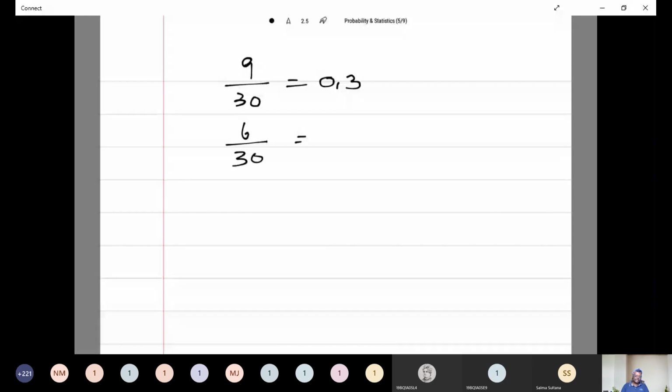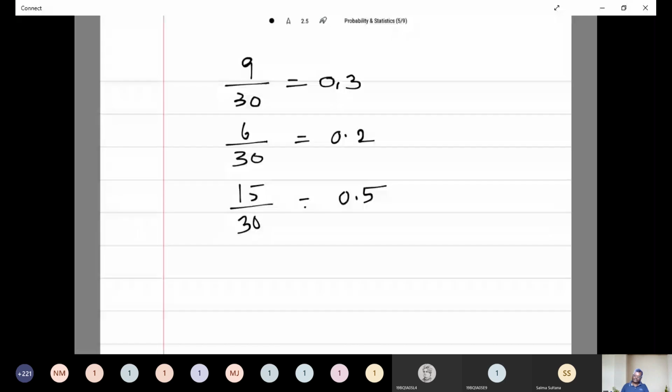Then next, 6 by 30, on simplifying this, is equal to 0.2. Then next, 15 by 30. Therefore, its value is equal to 0.5. These are the relative frequencies.